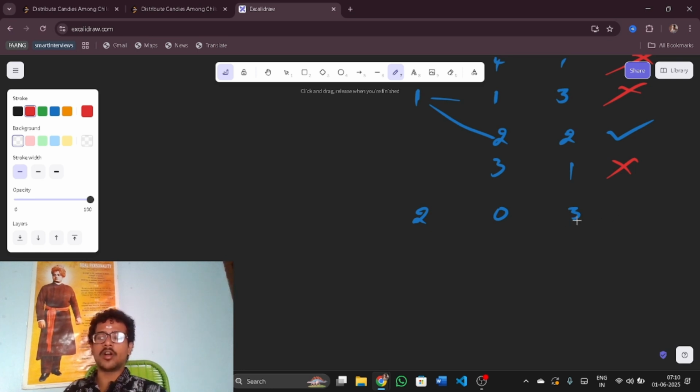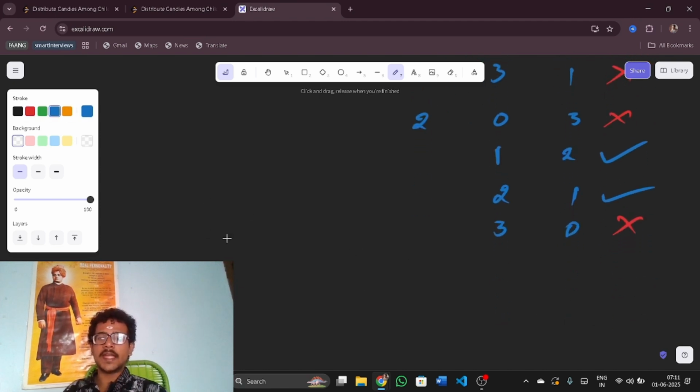No. Why? Because 3 is exceeding the limit of 2. So I cannot give it. Now I have given 1 candy and I am remaining with 2 candies. And I can give, right? All the candies given are less than or equal to the limit. Now if I give 2, I am remaining with 1 and I am giving it to child 3, and it is valid. Now if I give 3 and it is 0, this is not valid.